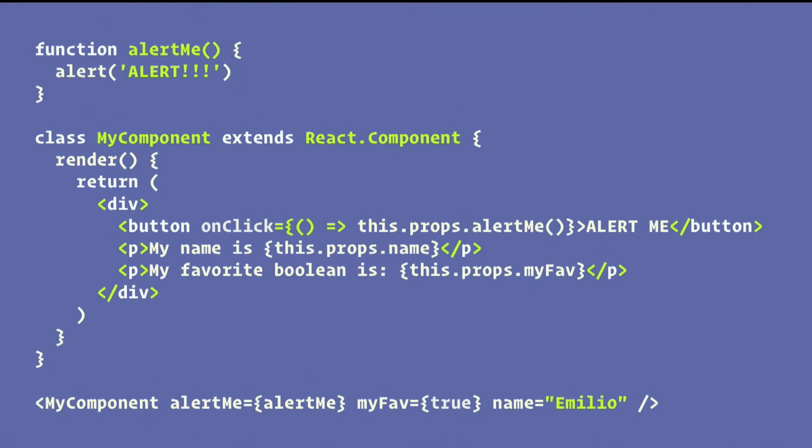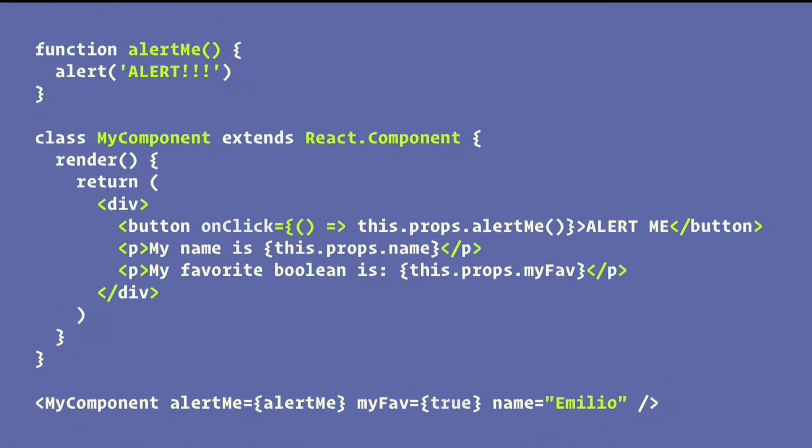So if you look at the code on the screen, on the last line, you'll see my component, which is a component, and it has 3 props: alertMe, myFave, and name. So the function alertMe is being passed in as a prop to the component MyComponent. The Boolean true is being passed through as the myFave prop.